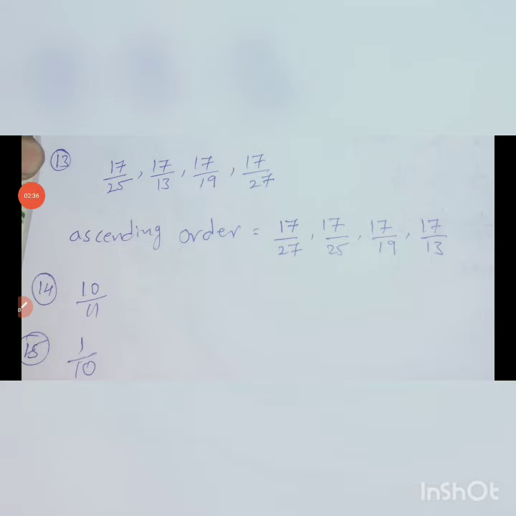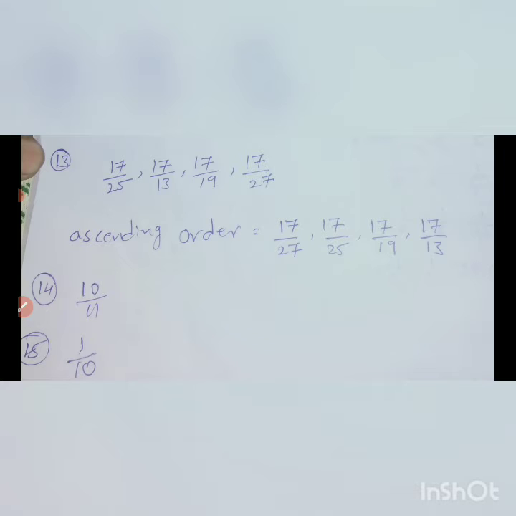Next, arrange the fractional numbers 17 by 25, 17 by 13, 17 by 19, 17 by 27 in ascending order. So ascending order in the sense small to big, smaller number to bigger number. So we know that if all the numerators are equal, we have to check the denominators.